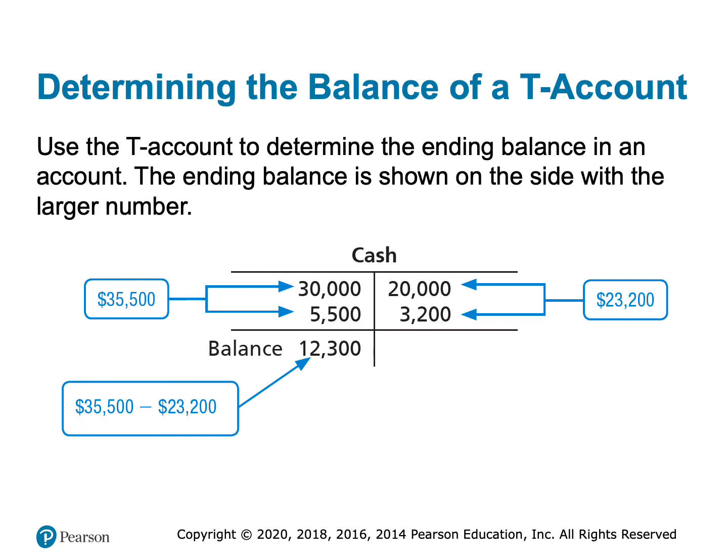Since the debit side is larger than the credit side, I take the difference of $12,300 and put it on the debit side. Normally, the balance in cash will be on the debit side. That's why we say assets have a normal debit balance.